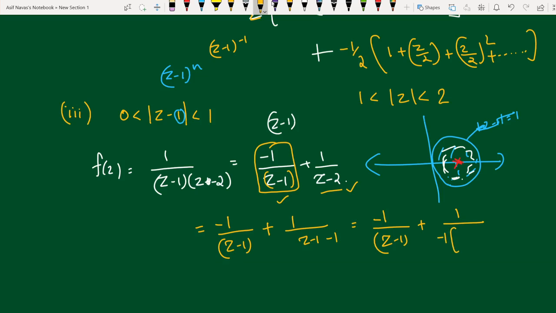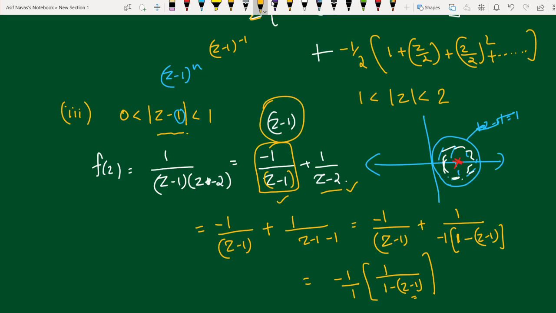So this is equal to minus 1 by 1 minus z minus 1, which is minus 1 into 1 by 1 minus z minus 1. Why have we taken it like this? Because here our center is 1, so we want to expand it in the form z minus 1.